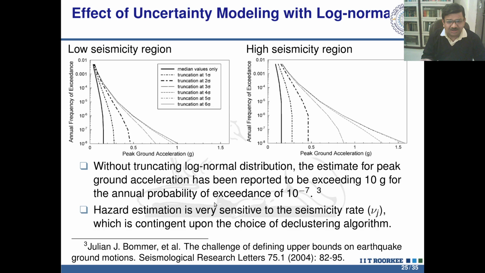None of these details are available. So if you choose different parameters, you may come up with very different values for the same 475-year, 975-year, 2475-year return period events. And nobody can challenge it, because my judgment, my assumption is as good or as bad as anybody else's assumption.